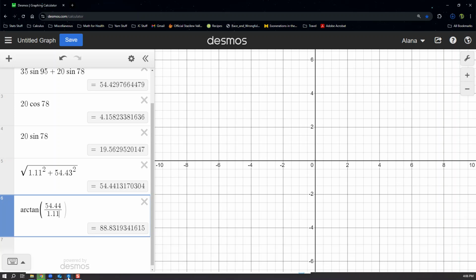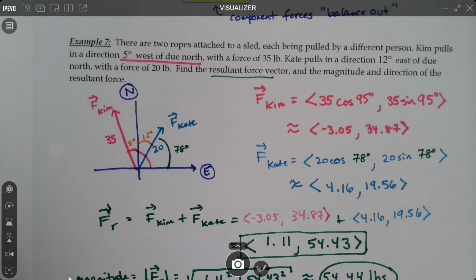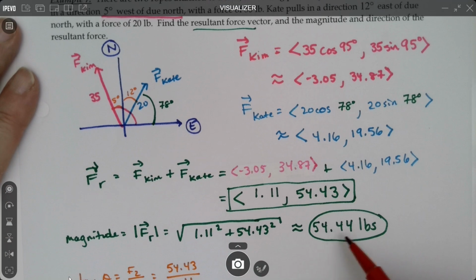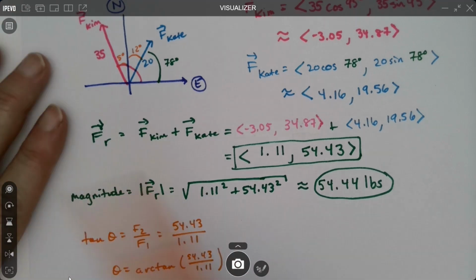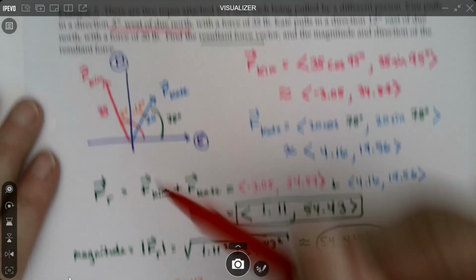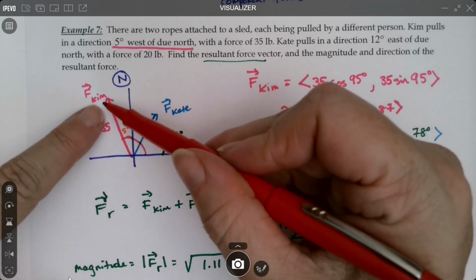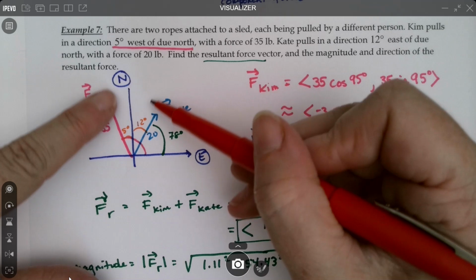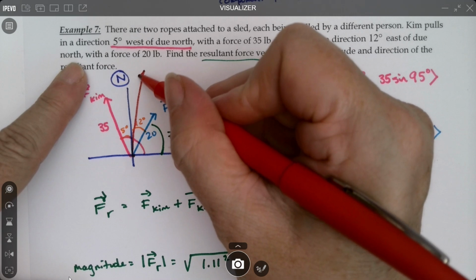And that's perfectly reasonable in this situation, to imagine that the resultant vector has a length of 54.44 and is ending up at 88.8 degrees. Right? So what's happening is the sled is here. This person's pulling pretty hard that way. This person's pulling less hard, but pulling at a steeper angle. And together they're resulting in something that's going like this, right?